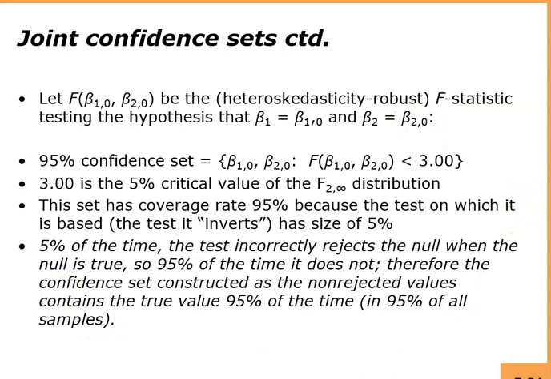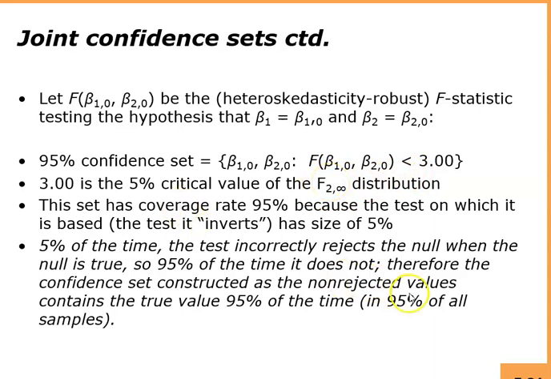Then the 95% confidence set will basically be the F-stat that you calculate from the t values which you generate from beta 1 and beta 2, and that F-stat should be less than 3 in the case of two restrictions. You can look up that value of 3 for the 5% significance level when you look under the restrictions 2 in the F distribution table.